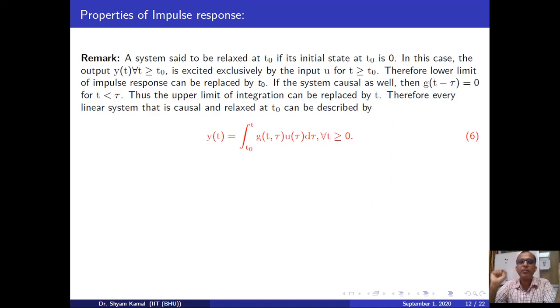Therefore the lower limit of the impulse response integral can be replaced by t0, initially that is 0. So if I am able to make sure that the system is relaxed at t0, then I replace the lower limit by t0, and the upper limit is replaced by t. And why are we replacing the upper limit?